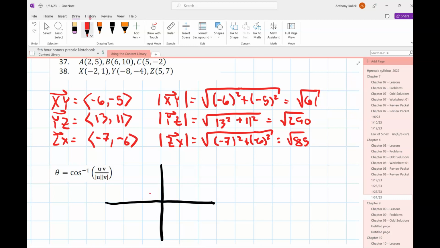So X is like here, Y is like here, and then Z is like here. So you have this real oblique looking triangle.